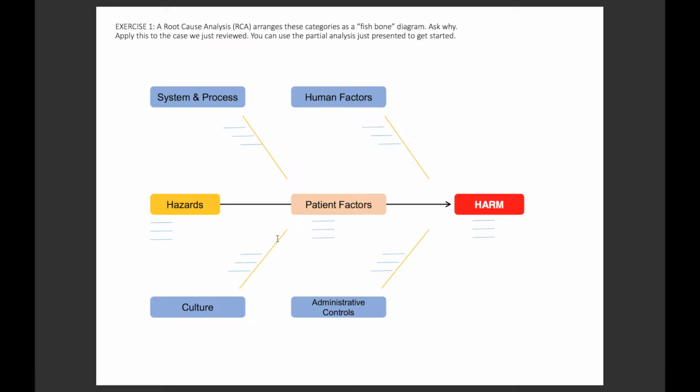We use this as a process to understand root cause: why did harm occur, and what are the contributing factors to root cause. And so one of the things we're going to do with this case is apply all of the factors you identified and put them in these categories to go through and understand what went wrong.